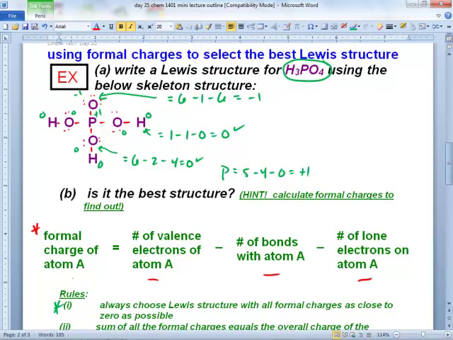Let's go back to what we had, though, first. Recopy it. We've got a P, an O, an H, an O, an H, and an O. Otherwise it's going to be hard to see what to do here.